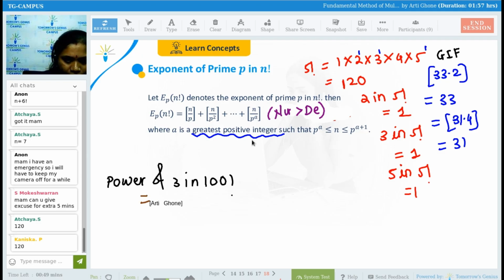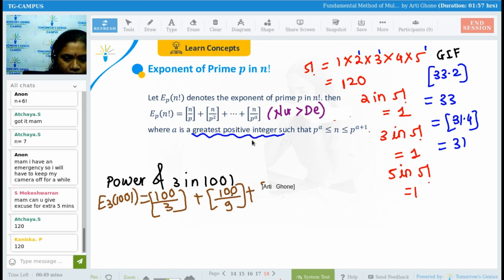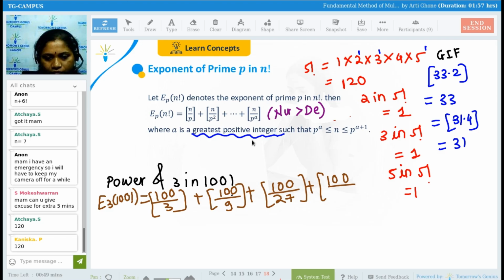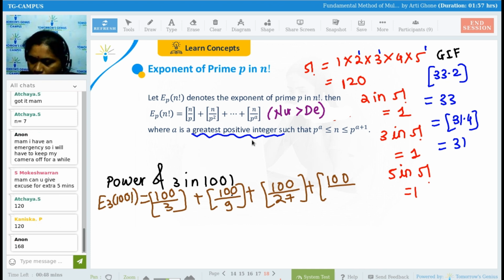How will you resolve this one? 100 upon 3 plus 100 upon 3 square, which is 9, right? What is 3 raised to the power 4? 81.